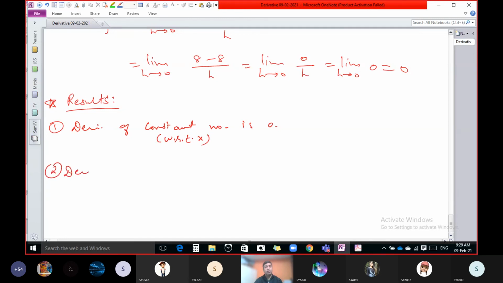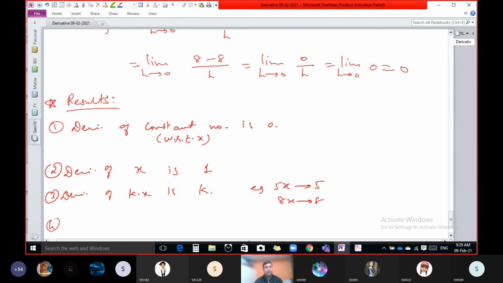Second, derivative of x is 1. Third, derivative of k into x is k only. Example, derivative of 5x is 5. Derivative of 8x is 8.